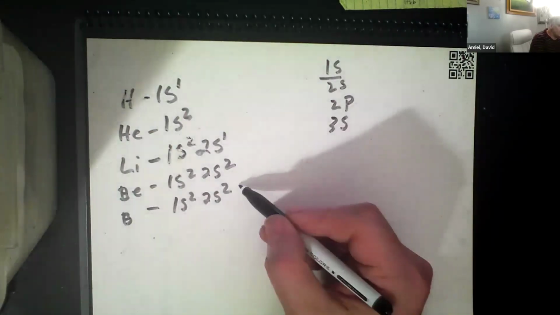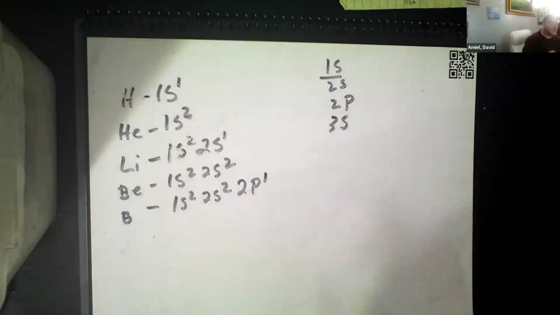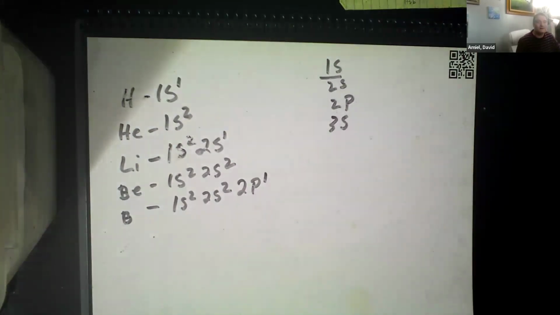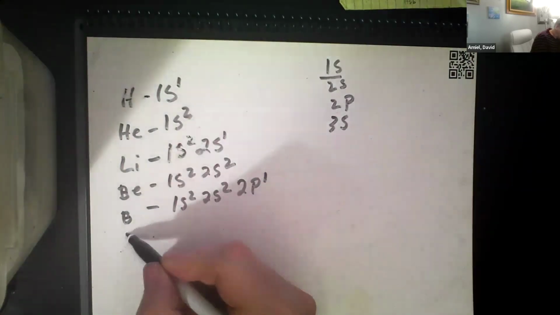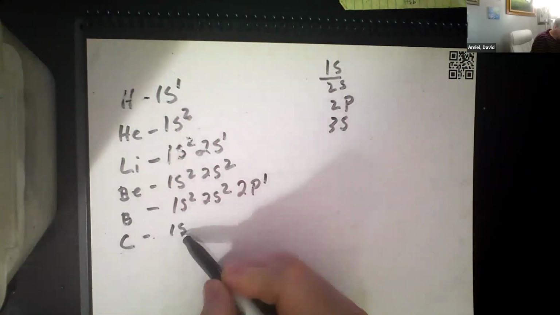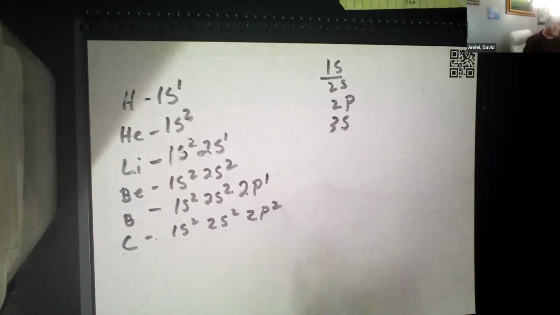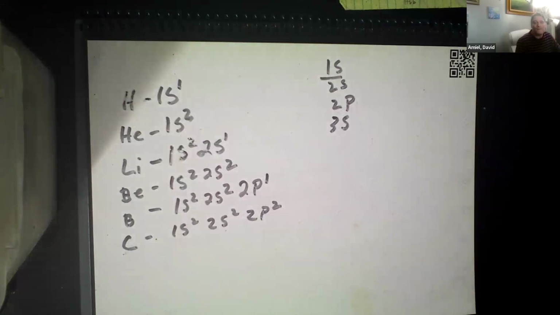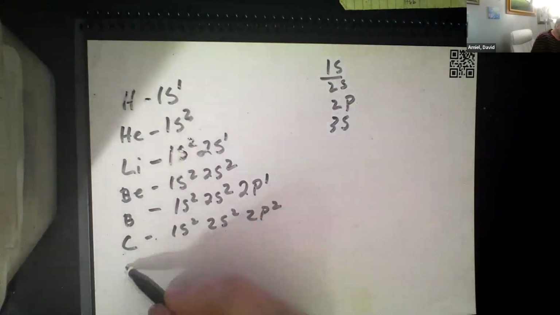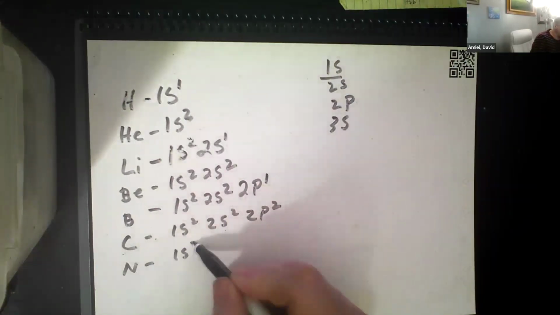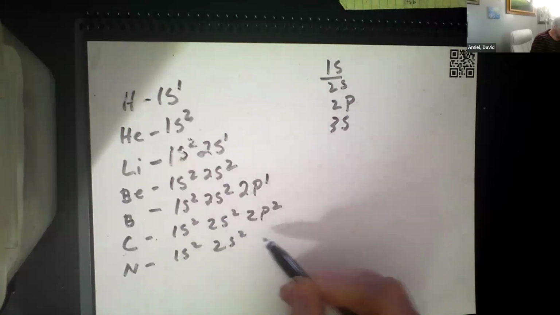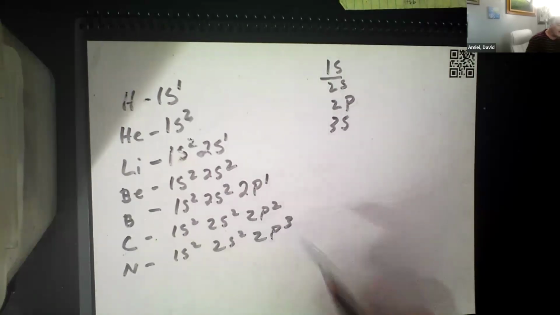And so boron is 2p1. Carbon would be 1s2, 2s2, 2p2. Nitrogen, 1s2, 2s2, 2p3.